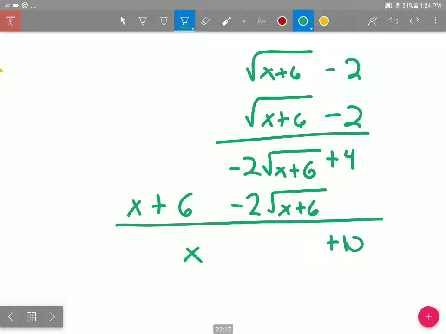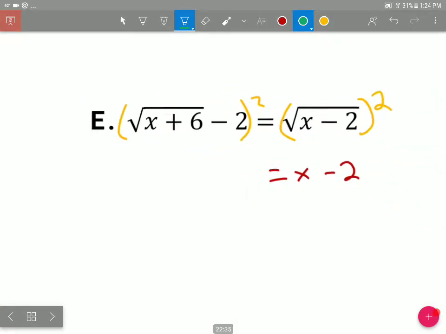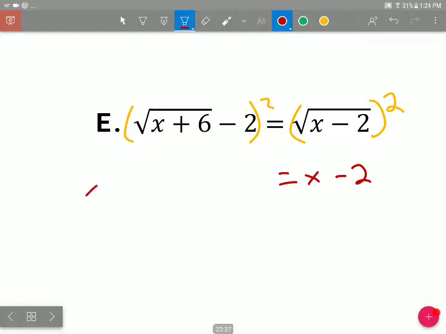And then I have 2 sets of negative 2, so that's negative 4 root x plus 6. That is what that piece multiplies out. And that's the hardest part of this. Really, multiplying this out is the hardest part about this question, but we'll be over it pretty soon. So let's go over here. I've got x minus 4 root x plus 6 plus 10.